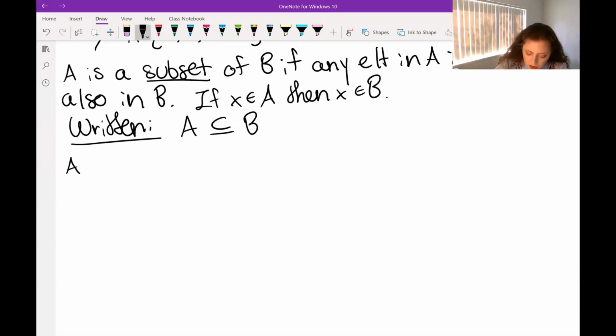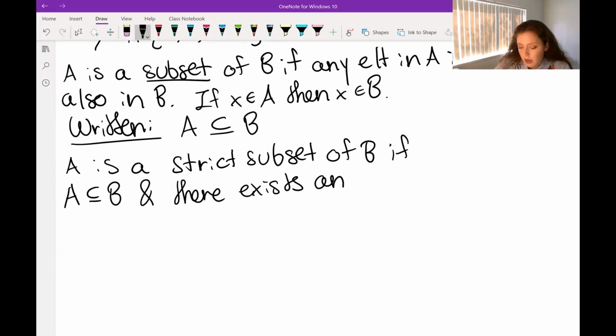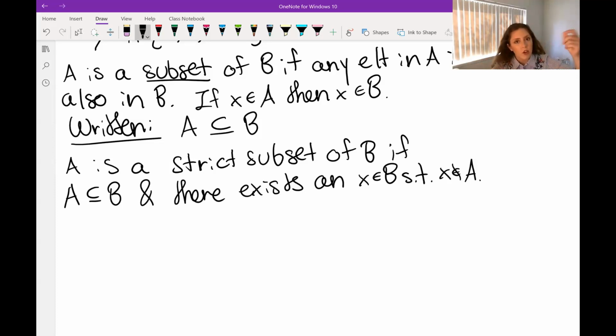A is a strict subset of B if it's true that A is a subset of B, and there exists an X in B such that X is not in A. So with our example again, this is A, this is B. Every element you have in here can be found in there, but there's at least one element over here that's not in there.